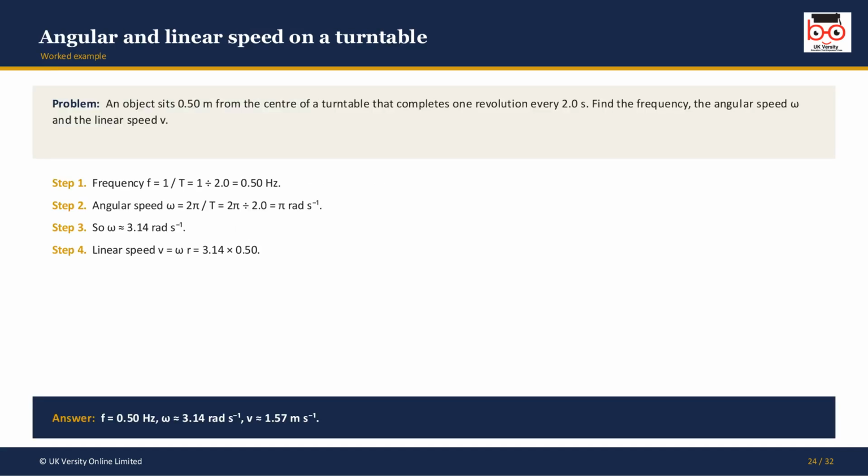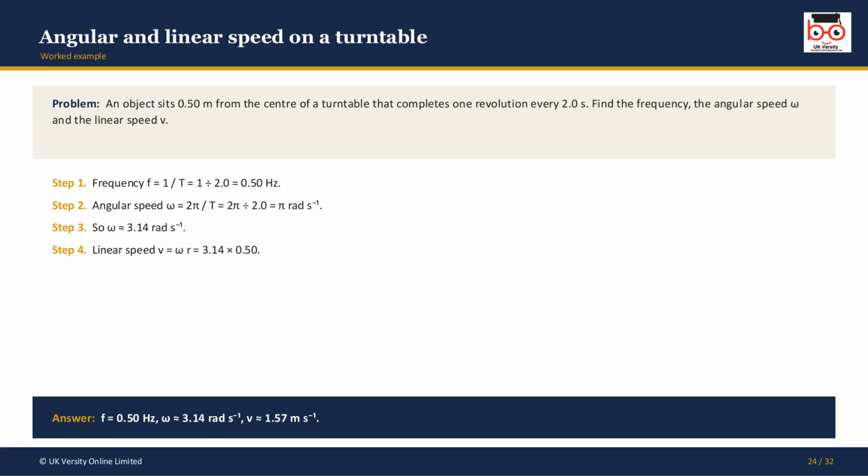Let's put numbers on a turntable. An object sits half a meter from the center of a turntable that completes 1 revolution every 2 seconds, and we want the frequency, the angular speed, and the linear speed. The frequency is 1 over the period, 1 divided by 2, which is 0.5 hertz.